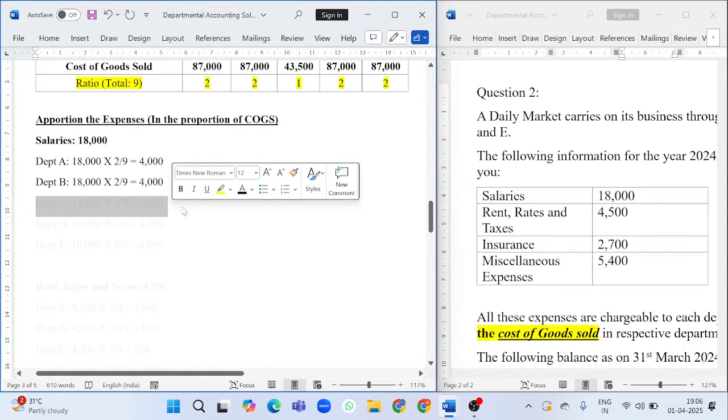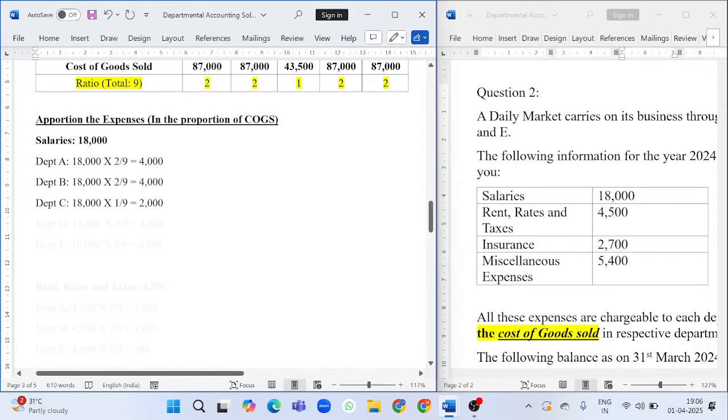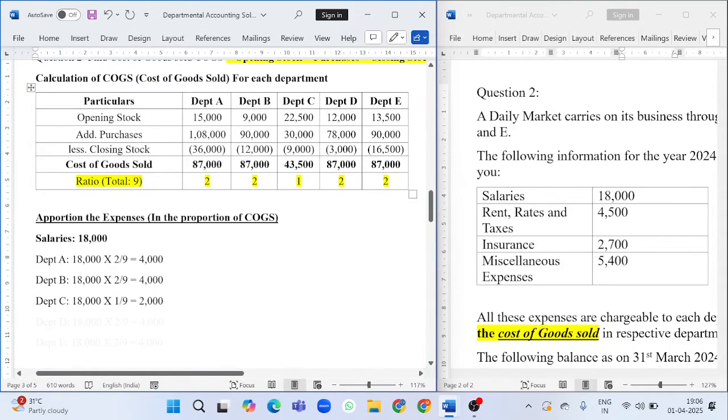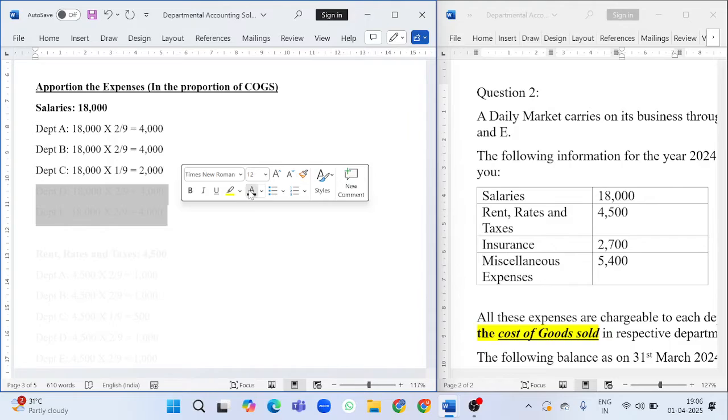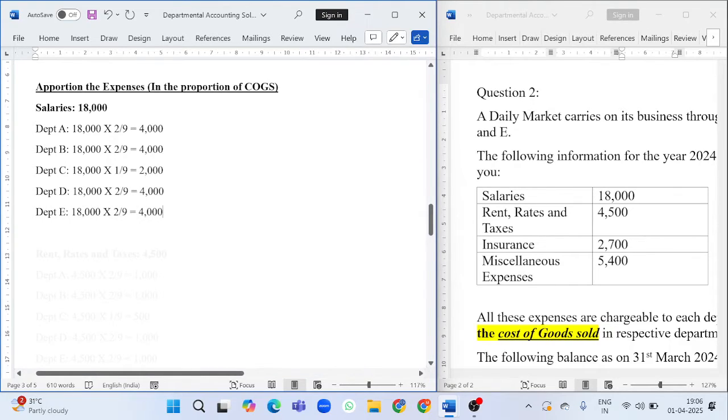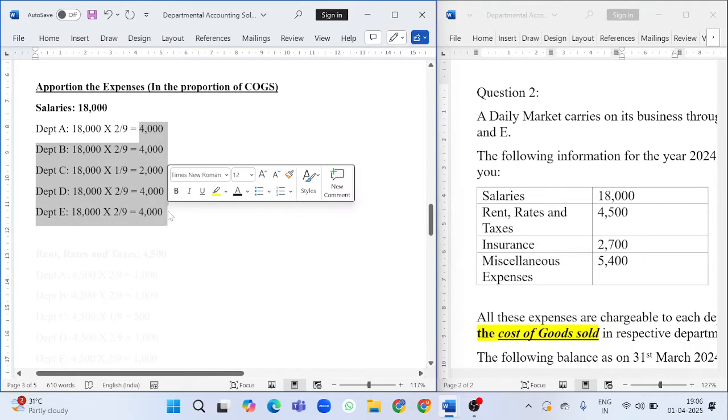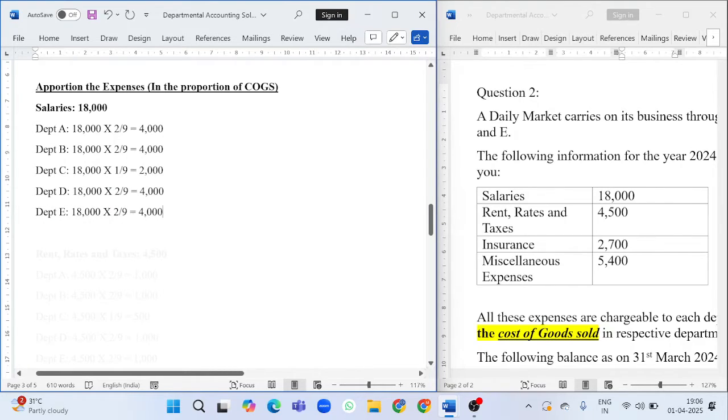For department C it will be 18,000 into 1 by 9 because the ratio of department C is 1. You will get 2,000. Similarly department D and department E will also get 4,000 and 4,000. When you add all these, 4,000 plus 4,000 plus 2,000 plus 4,000 plus 4,000, you will get 18,000, which is the total salary.